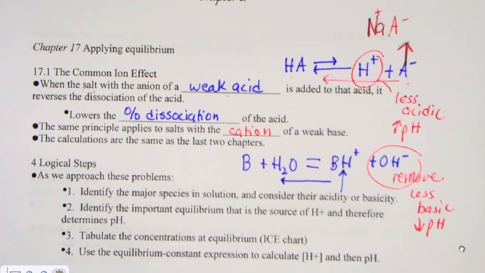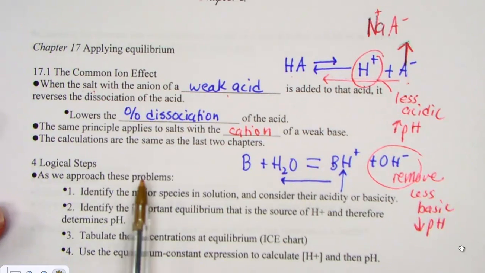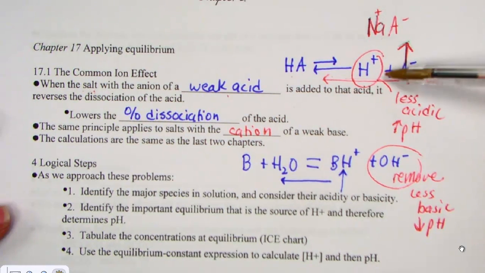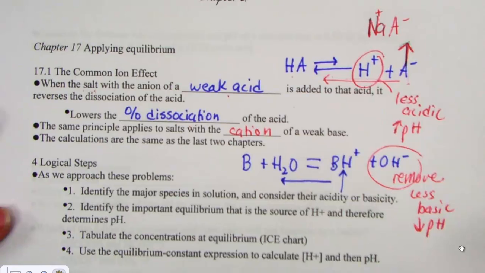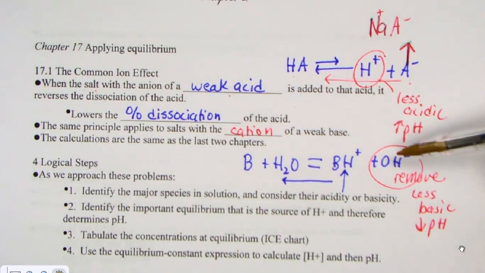So the common ion effect really is saying we're going to be studying an acid-base equilibrium. We're studying some sort of equilibrium, and then really, according to Le Chatelier, we cause a stress, and the stress is putting something in common with it and watching it shift left or right, and then recalculating based on an ice chart.